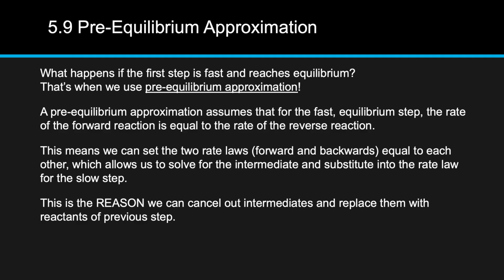So a pre-equilibrium approximation is going to assume that for that fast equilibrium step, the rate of the forward reaction is going to be equal to the rate of the reverse reaction. This means that we can set the two rate laws, the forward and the backward, equal to each other, which allows us to solve for the intermediate and substitute it into the rate law for the slow step.